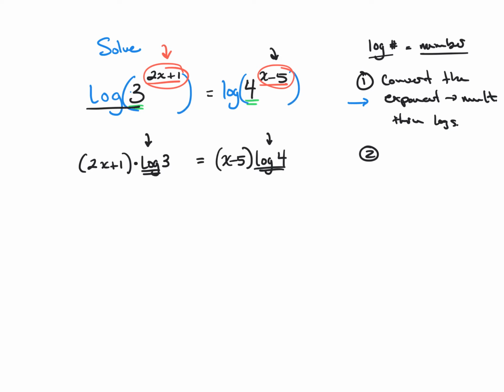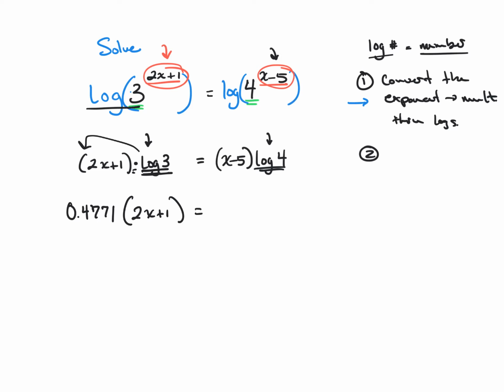By the commutative property, because it's now a multiplier, I'm going to rearrange this so that the decimal is out front. I'm going to estimate that decimal to the ten-thousandth, so I have 0.4771 times the quantity 2x plus 1.